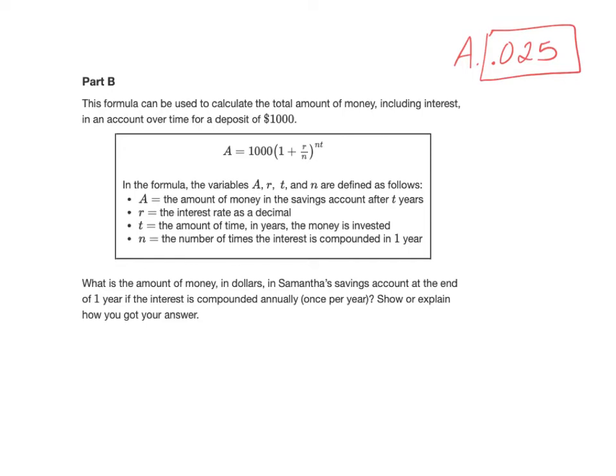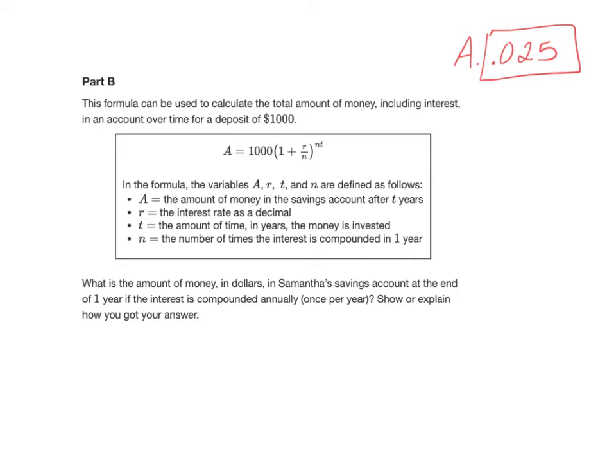Part B gives us a formula. It says this formula can be used to calculate the total amount of money, including interest, in an account over time for a deposit of $1,000. And then it gives us an explanation of what each variable represents.